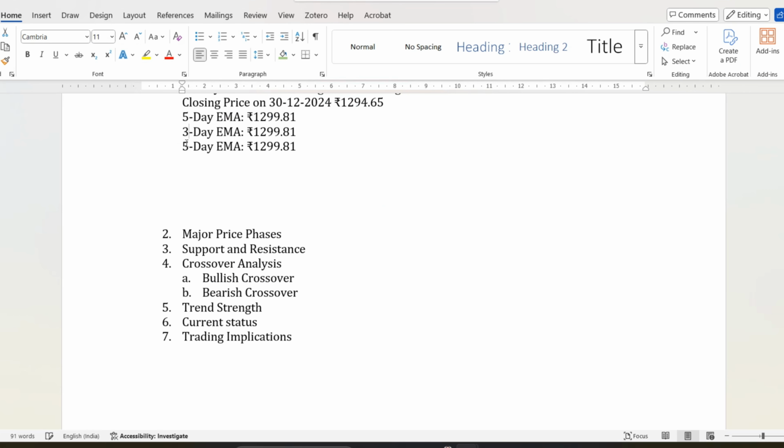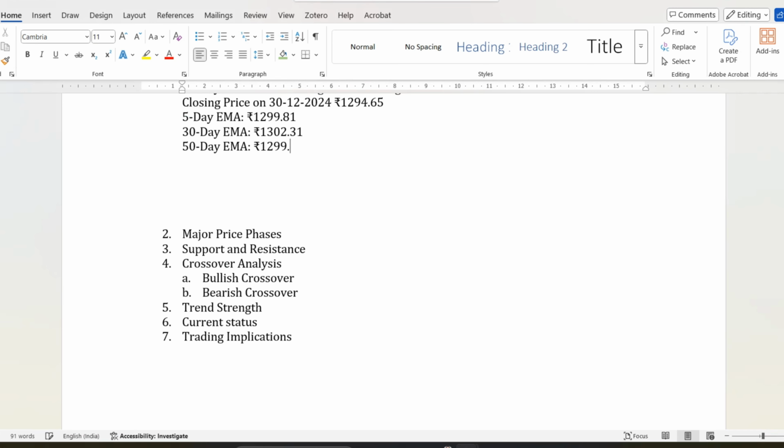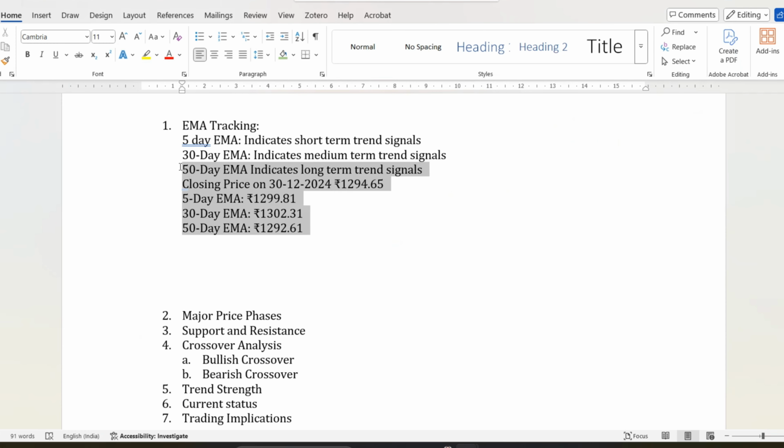So this will be 30 days and this will be 50 days. So the observation is 1302.31 and 1292.6. So this is the EMA tracking, meaning what it means and what the current standings of those values are.